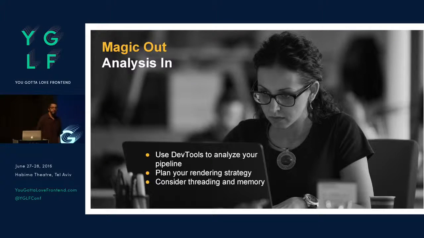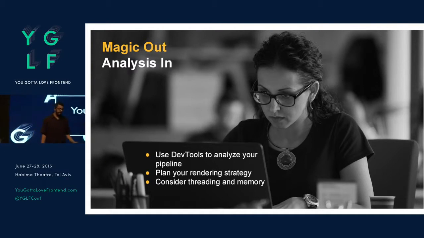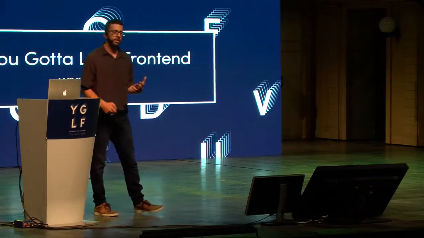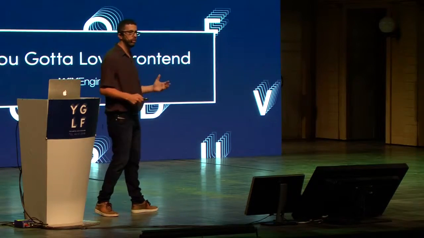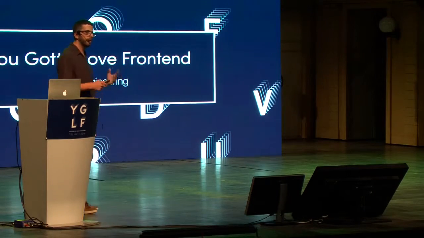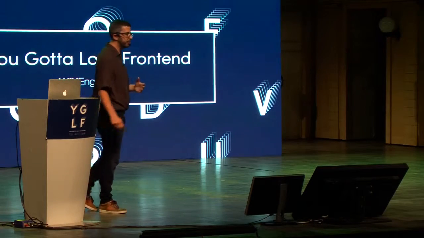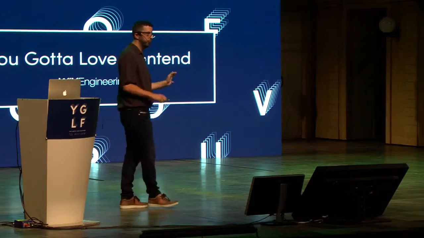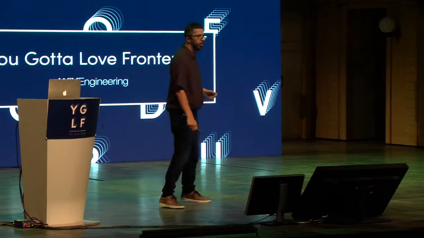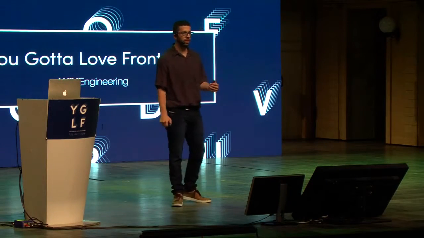So, takeaways. Magic out, analysis in. Analyze your pipeline. Know when you have paper cutouts. Understand what is done by the GPU or the CPU. The Chrome DevTools, timeline, rendering helpers, and the other browsers' tools. I'm just more familiar with Chrome personally. They are your friends to analyze what's going on.